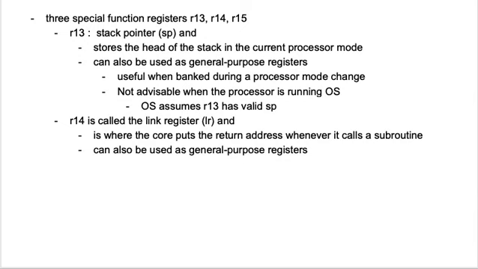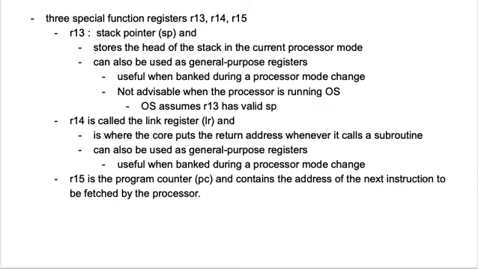R14 is the link register and it is where the processor puts the return address when it calls any subroutine. It can also be used as a general purpose register and it can be banked during a processor mode change.